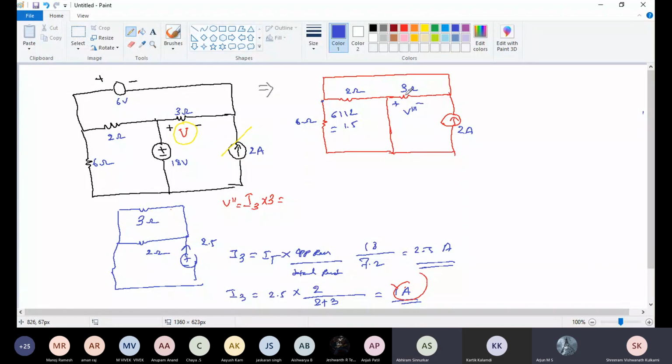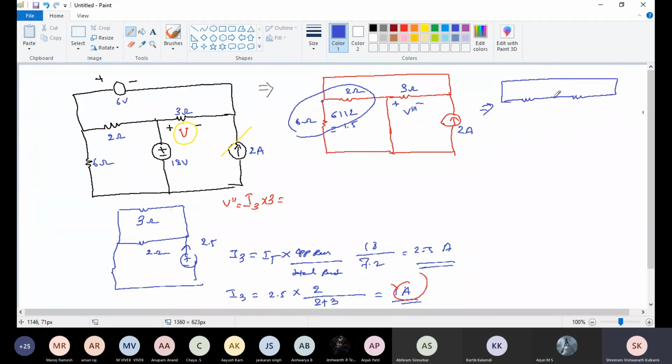These two are also parallel, because the current is dividing, right? Now we calculate this 6 and 2 in parallel, which gives 1.5, then 3 ohm.